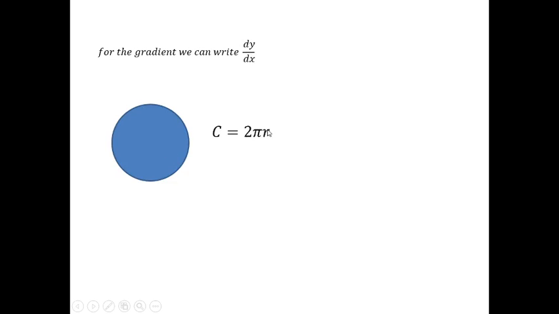If I increased r, what's the gradient or the rate of change of c? Okay, well this is of the form that we've just had. It's mx plus c, or in this case mr plus a value, or kr plus b if you have it that way. And so here the gradient is 2 pi. And so that's how I would work out the gradient here.